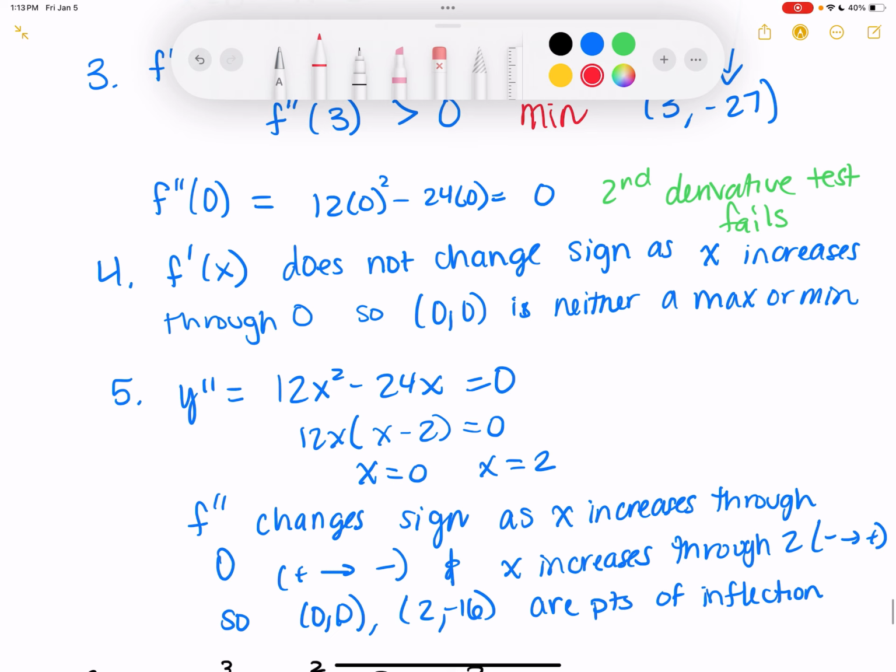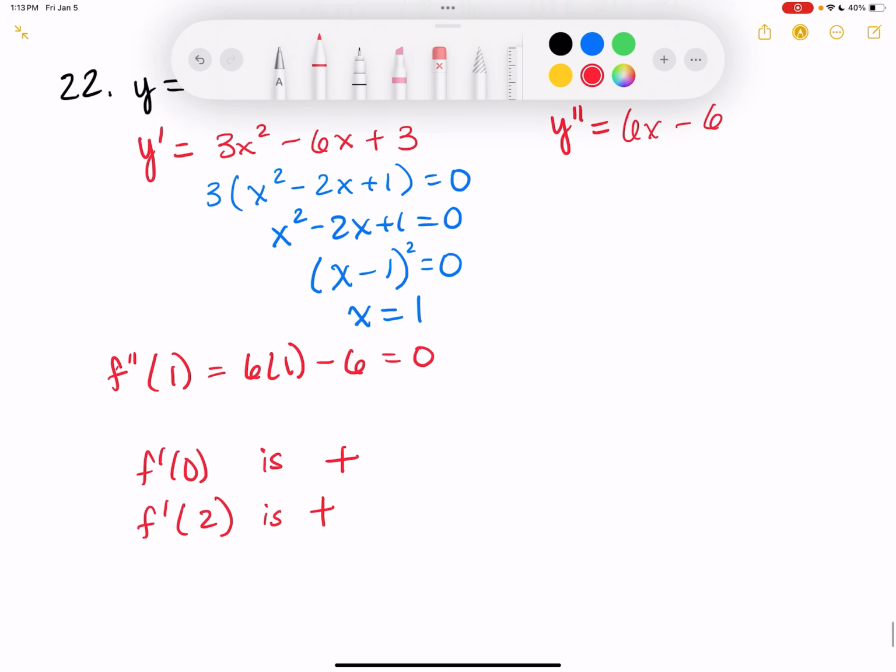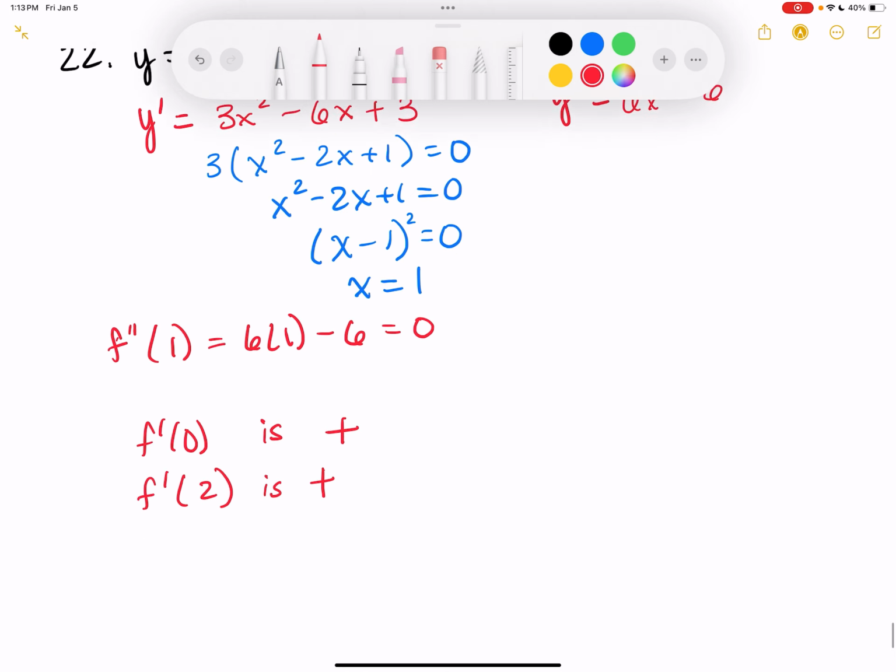So the sign didn't change. What happened in our last example? There's no min or max. The sign of y prime did not change, so there's no min or max.